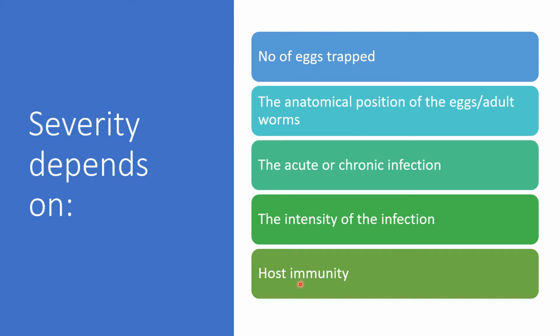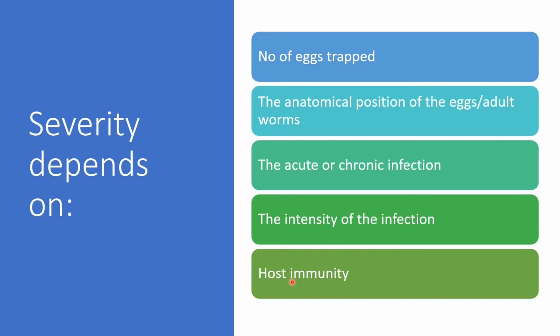Then everything we are going to see is based upon host immunity. The disease is going to manifest because the host immune system will respond to the eggs and particularly the antigens produced.